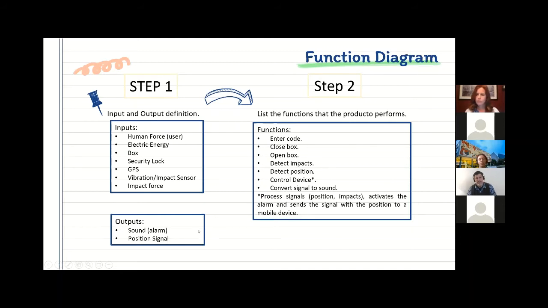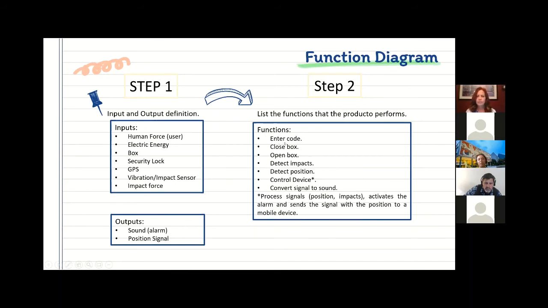Entonces, para el paso 2, lo que nosotros hacemos es enlistar las funciones que van a hacer que a partir de nuestras entradas obtengamos las salidas. Es decir, vamos a definir qué es lo que pasa dentro de nuestro sombrero.